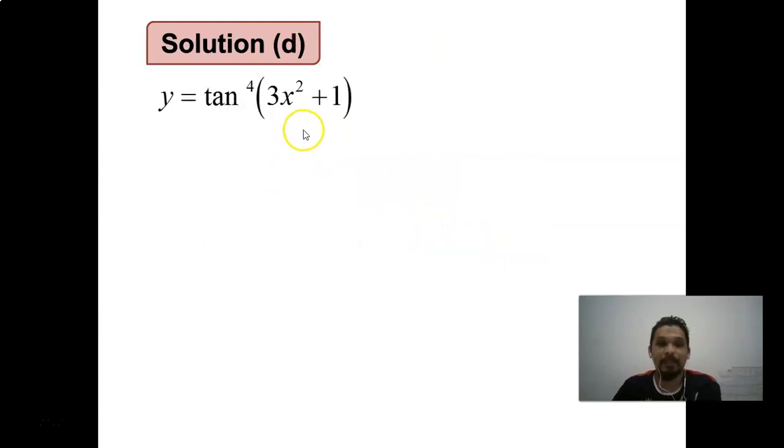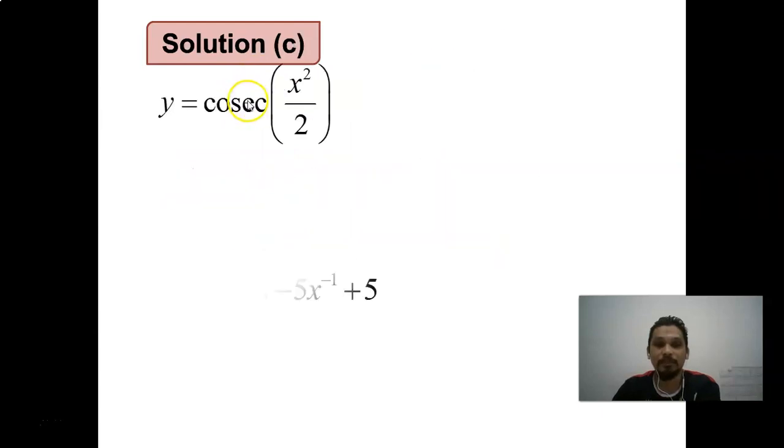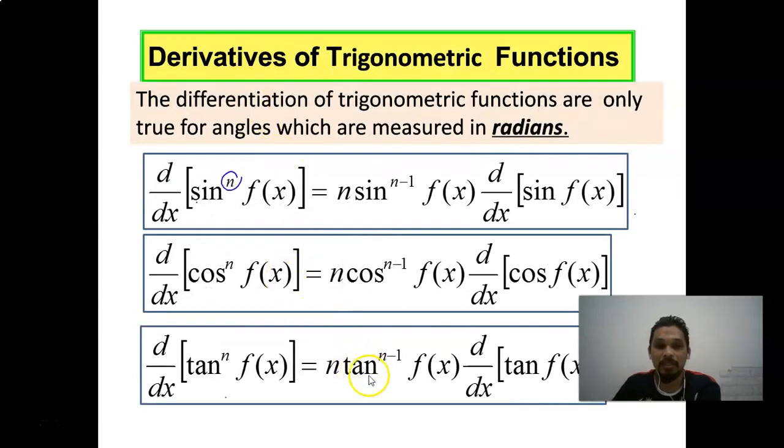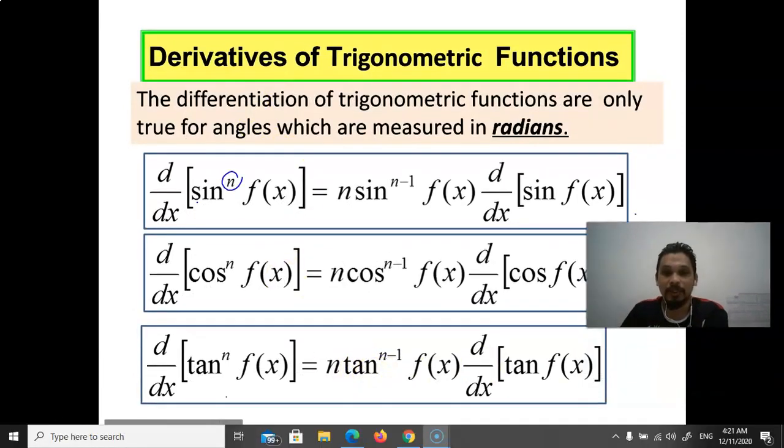Okay, now for this one here, y prime or dy/dx. As I said, for this kind of question, look at this one here now. Tangent power of n times f(x).